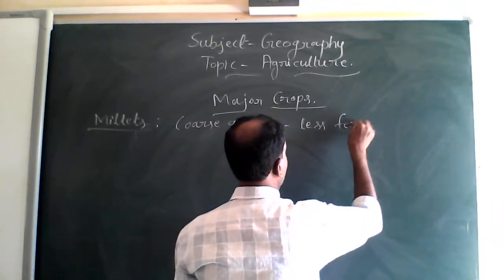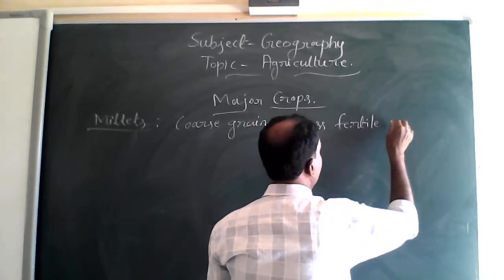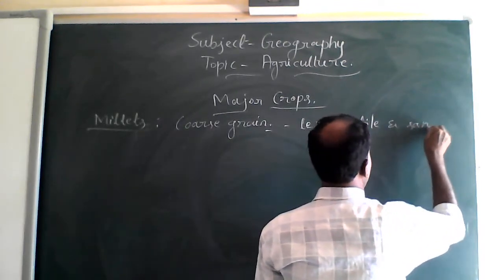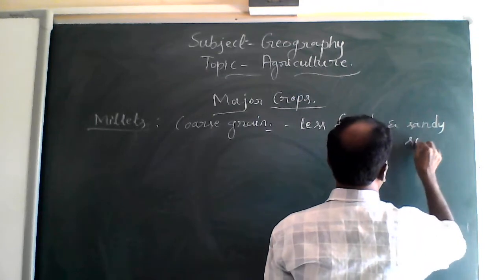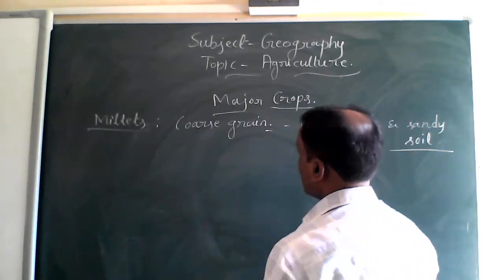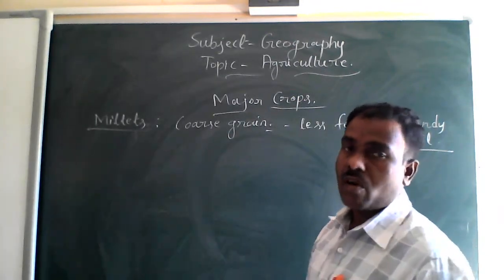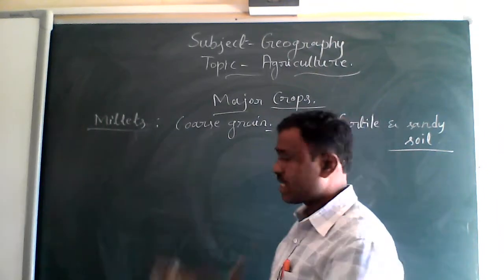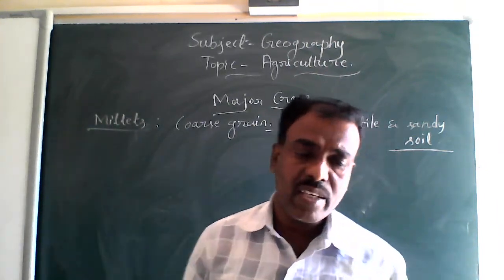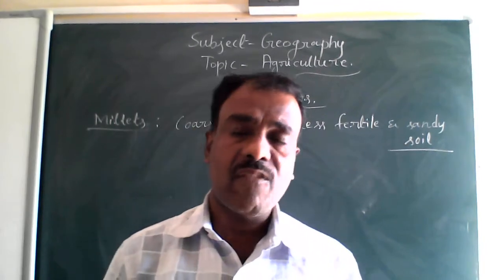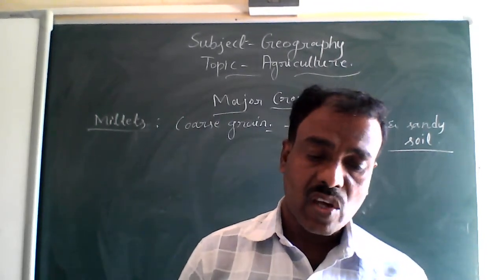So these millets used to be called coarse grains, and they can be grown on less fertile and sandy soils.